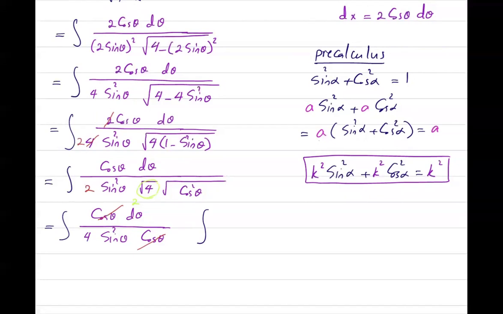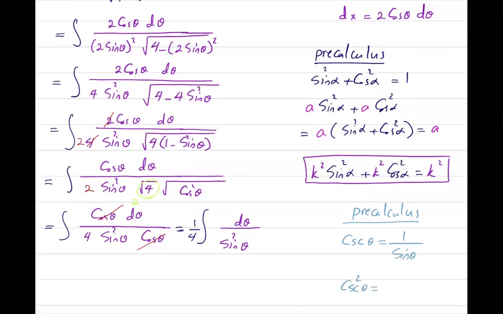I should have selected something a little larger. Okay, perfect. That equals 1/4 the integral of d theta divided by sine squared of theta. But remember from pre-calculus, cosecant of theta is equal to 1 over sine theta.